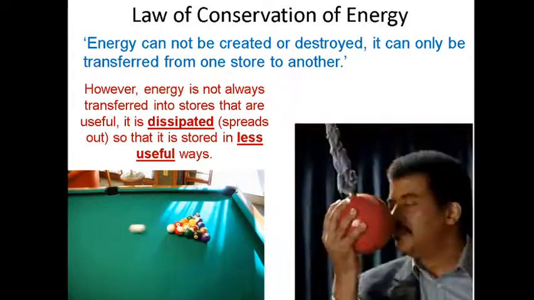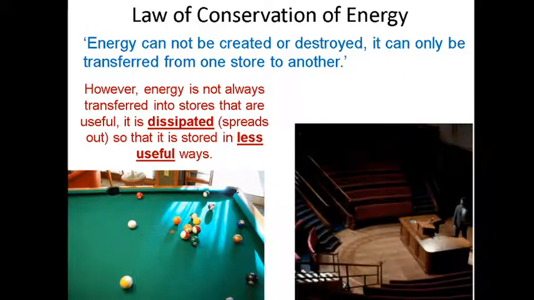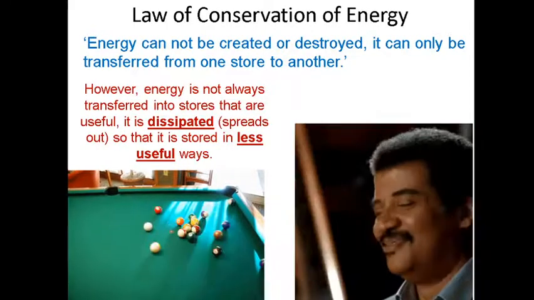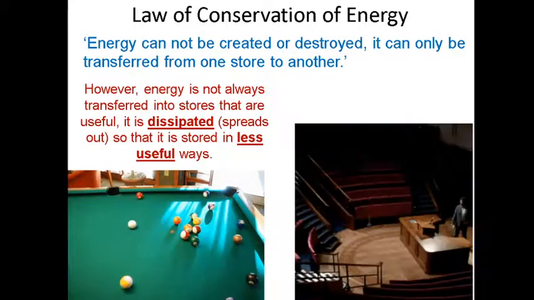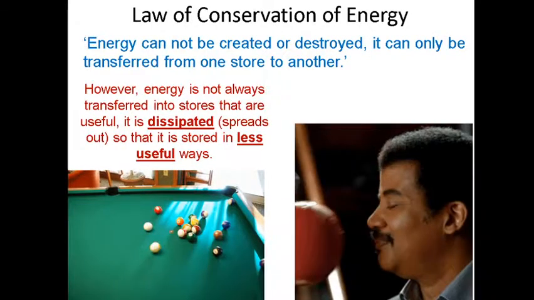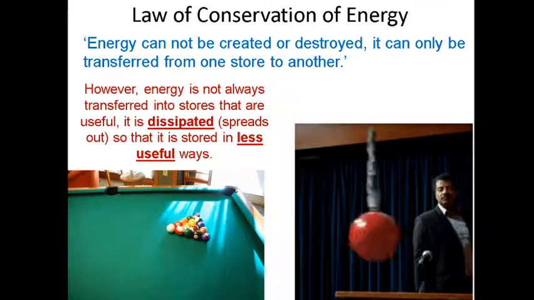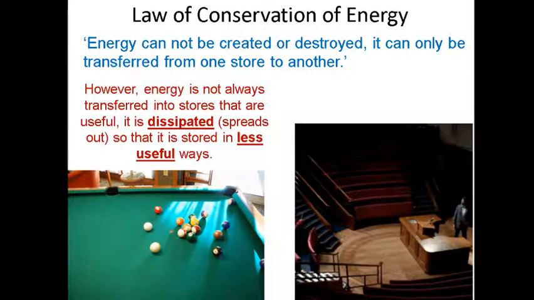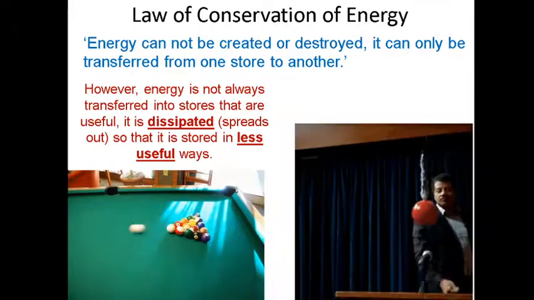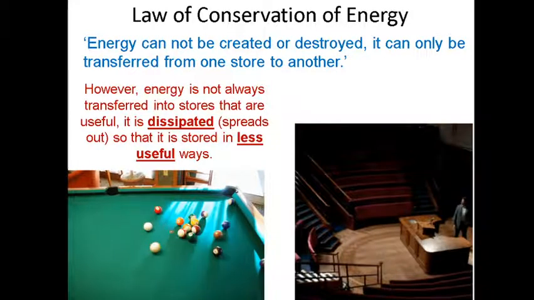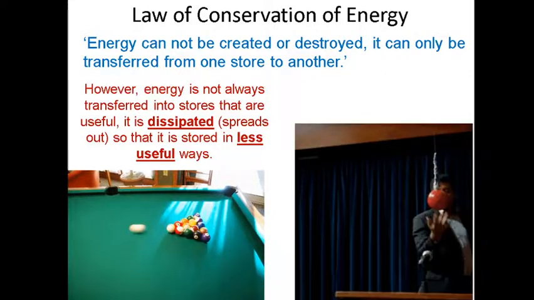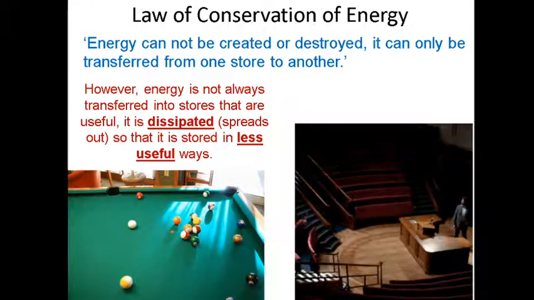And this is always by heating, so either by particles or by radiation. Even sound is a mechanical transfer, but it does end up as thermal energy stored in the surroundings. So when energy is wasted, it's dissipated into the surroundings and it can't be reused. It just goes into the environment and heats up the surroundings and can't really be used again. So it's important when we look at different objects and devices that we can identify which energy transfers and stores are useful, what we're looking for, and how energy is wasted.